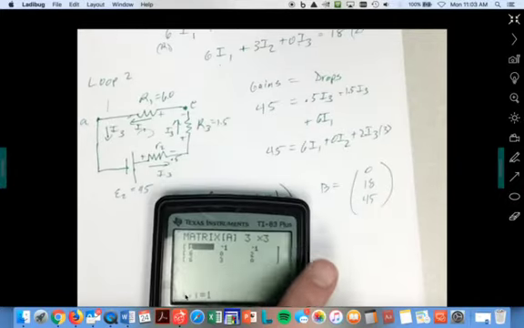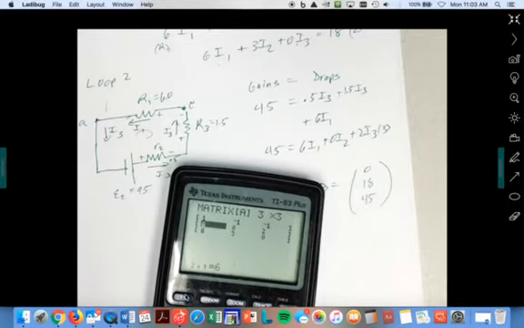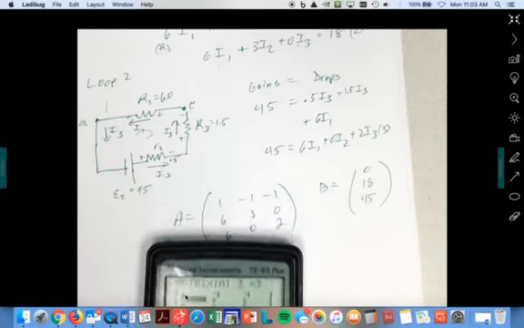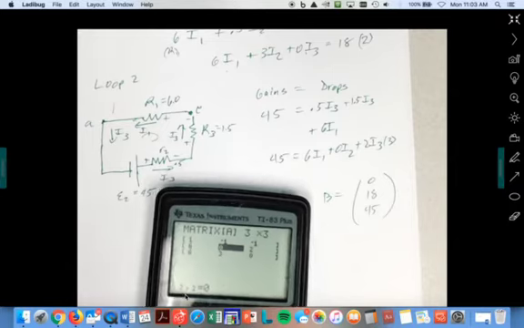All right, so there we go. Let's put those in. 1, enter. All right, and this is equal to 6, 3, 0.